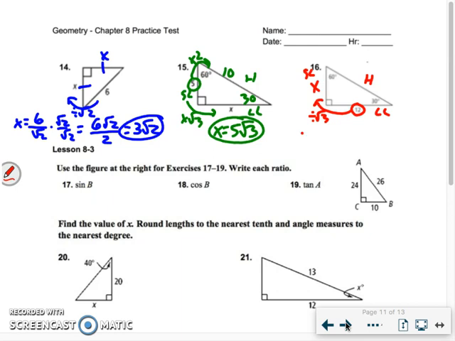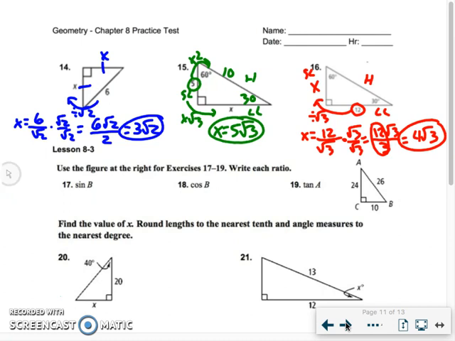We get x is equal to 12 over square root of 3. All right, which means we're going to multiply by square root of 3 over square root of 3 to deal with how we don't like the square roots in the bottom. So we have 12 square root of 3 up top, 3 on the bottom, and those two are going to have a common factor, 12 and 3. We're going to write that as 4 square root of 3.